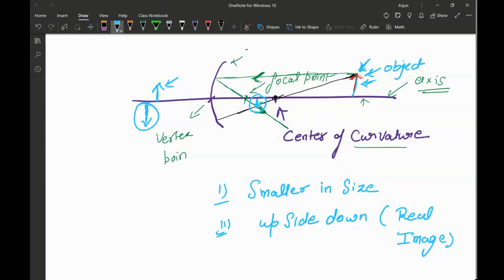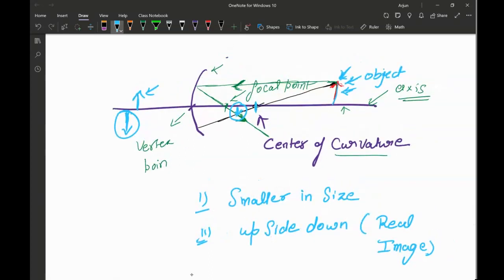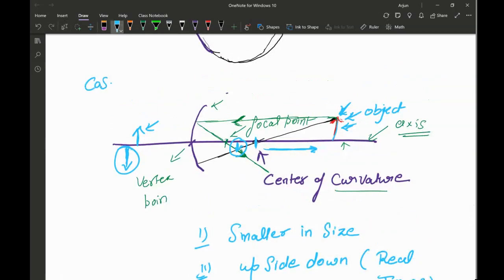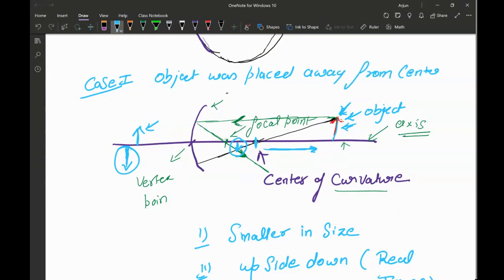Now, this was a case when the object was placed away from the center of curvature. So I'm going to call it case 1. Case 1, object was placed away from center of curvature.